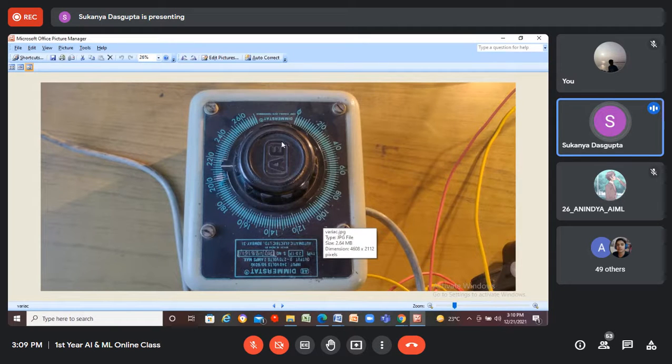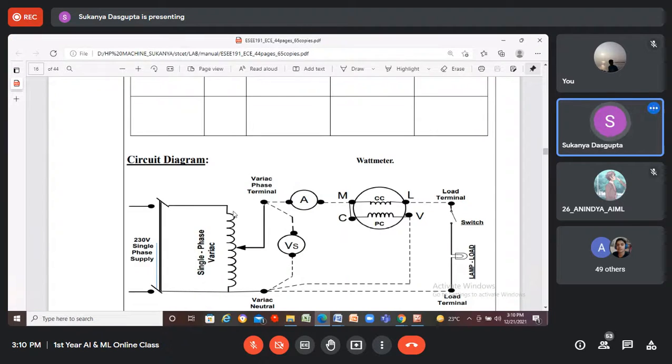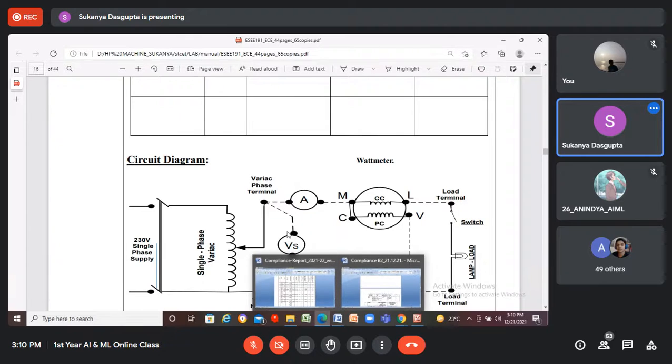Initially it will be set at 0 when the circuit is just switched on, and after that you can vary this knob. If you vary it, you will see the variation of the supply voltage from this voltmeter, which is connected in parallel with this Variac.